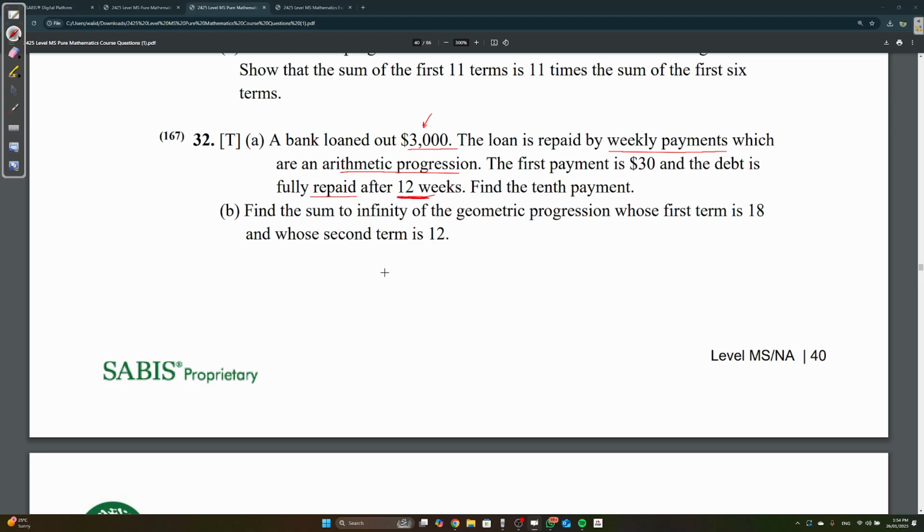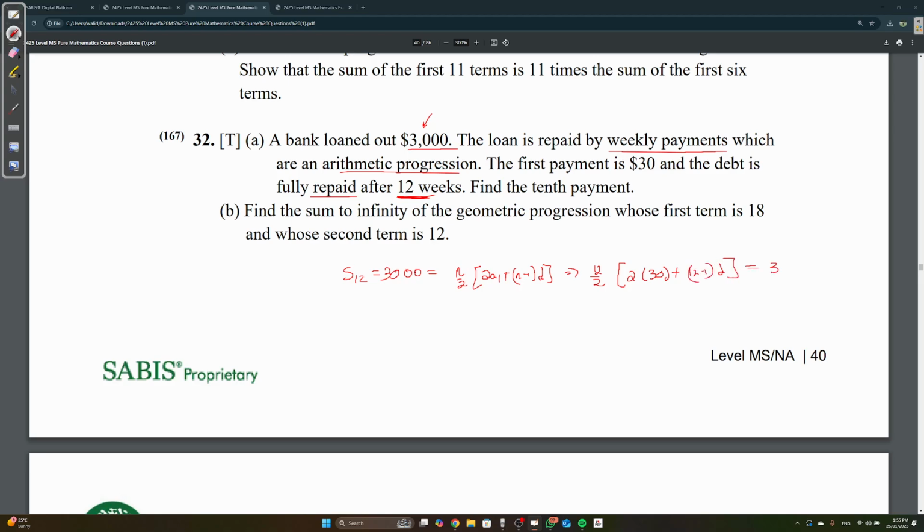How many terms do we have? 12 weeks. So S12 is equal to 3,000. And what's also S12 equal to? n over 2. Let's see. Do we have the 12th term? No. So I'm going to use this formula: 2a1 plus n minus 1 d. Okay, let's do it. So n over 2, 12 over 2. 2 times 30 because a1 is 30, plus n minus 1 d. So 12 minus 1 times d.